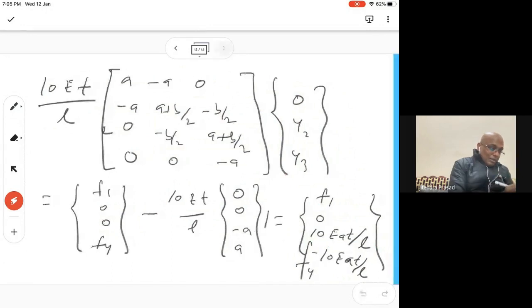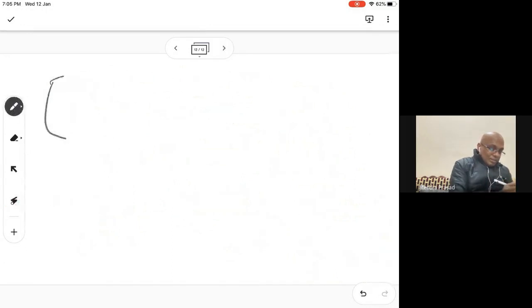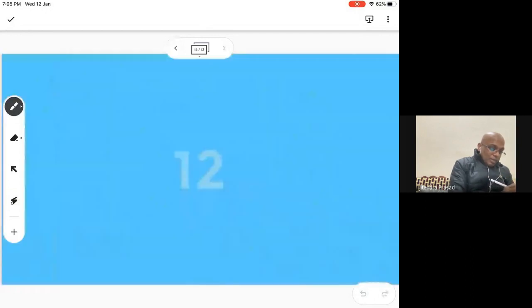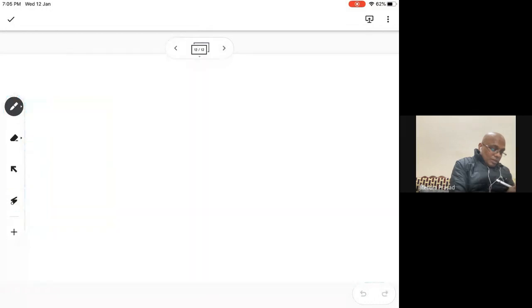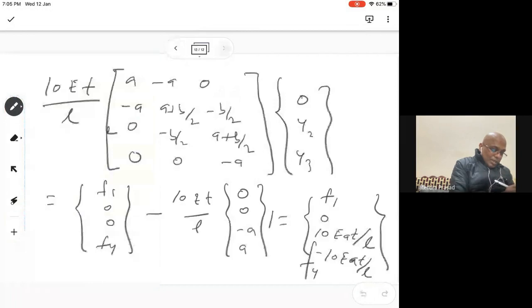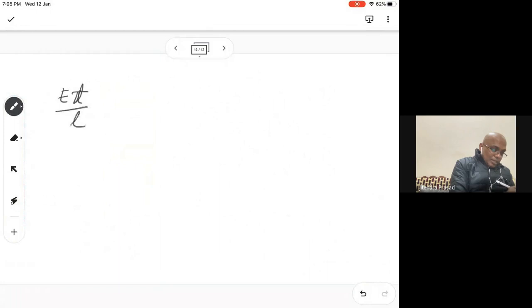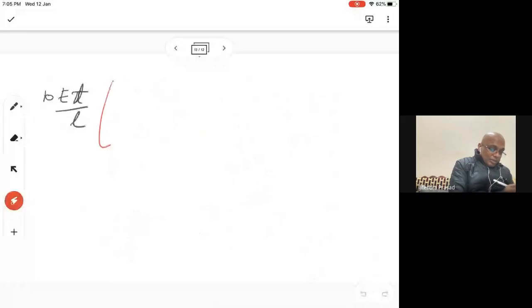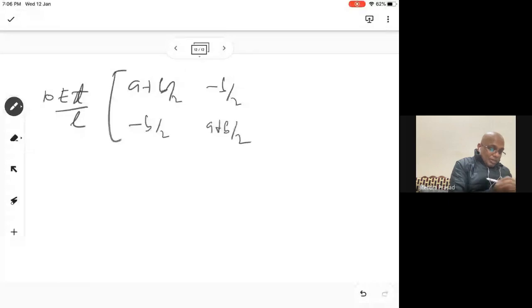Okay, so what you get from here is E A over L, 10 ET over L, and then you have this matrix: A plus B over 2, minus B over 2, minus B over 2, A plus B over 2.